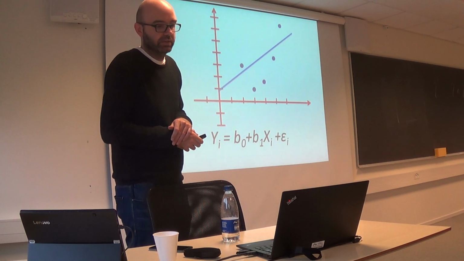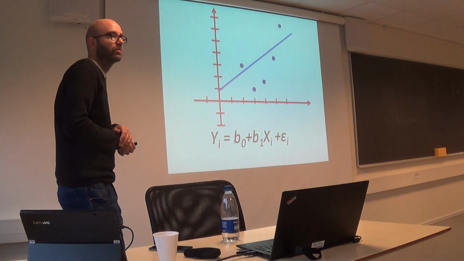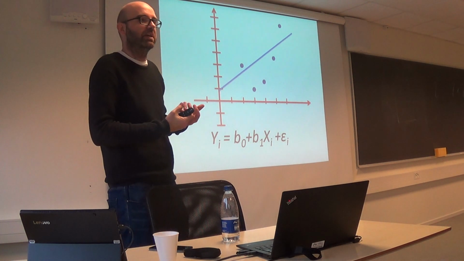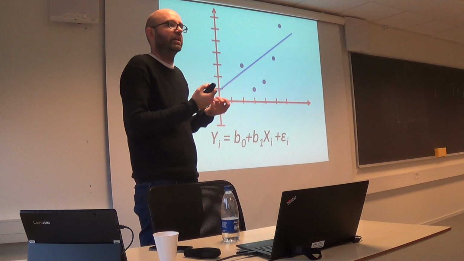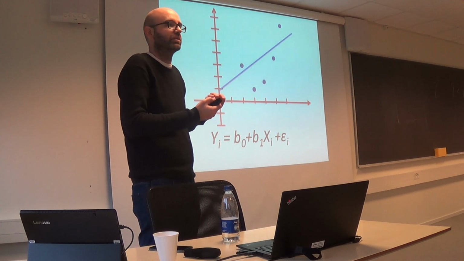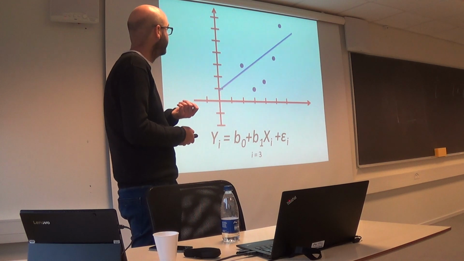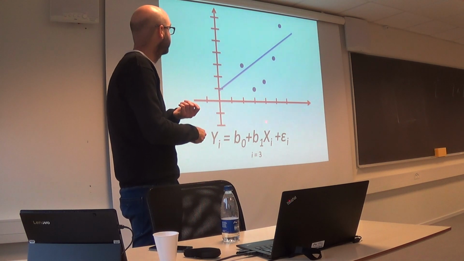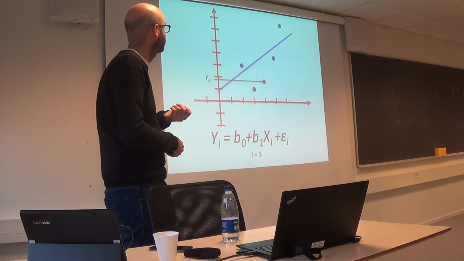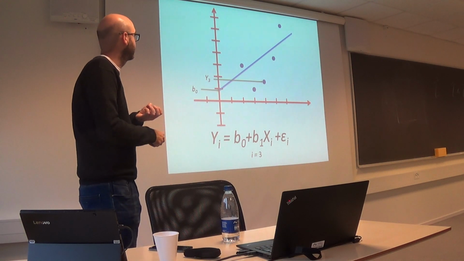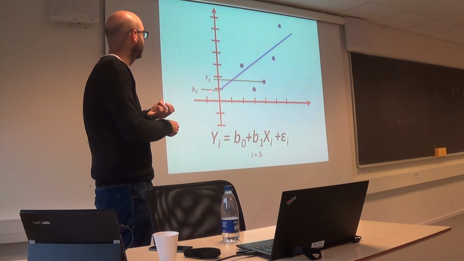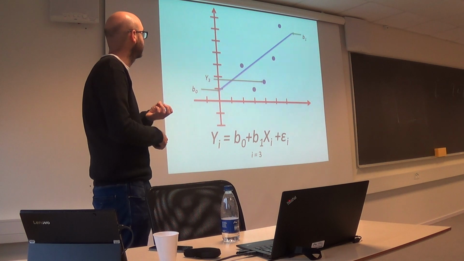Okay? So how do we calculate that? We follow the same procedure that we followed until now to find these distances between data points and values, or data points and lines. So let's take one of the data points, where i is 3. So that's this one, y3. We know what B0 is.